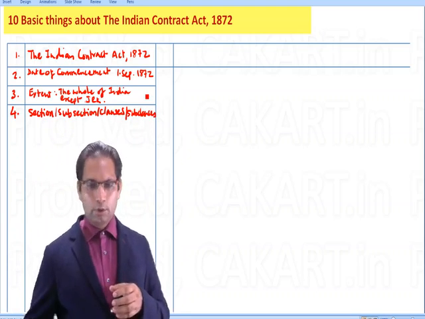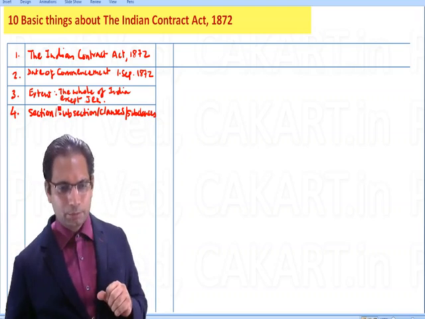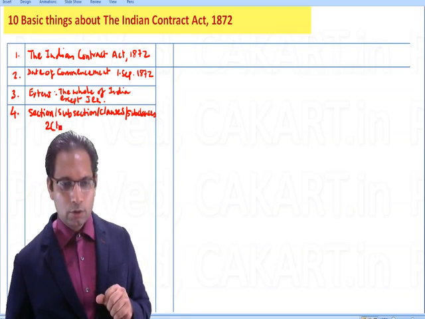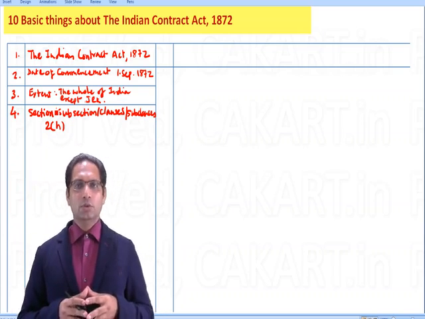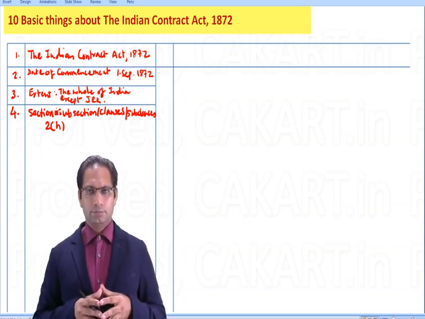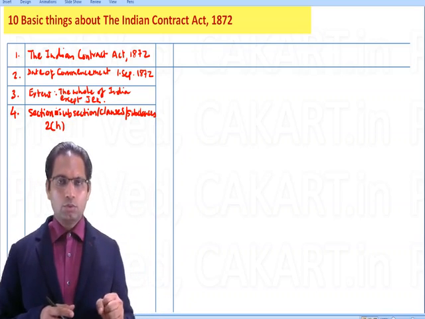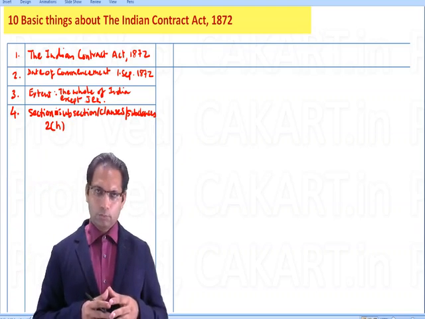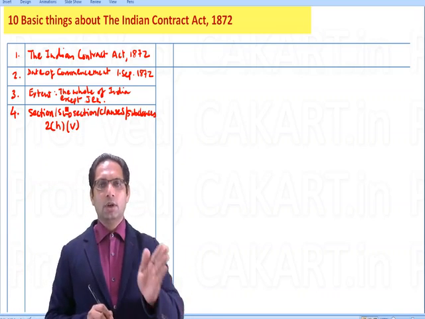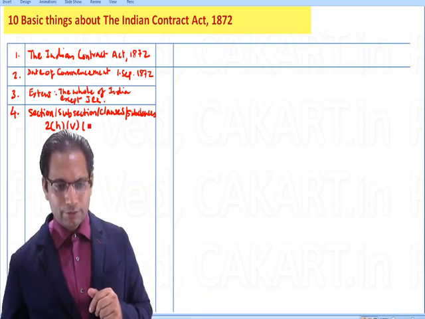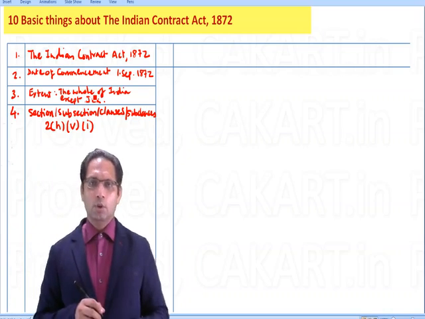From here onwards, promise me one thing: when you see something written as per section 2H, you will read it as it should be read: section 2 subsection H. If there is something after that, you can say section 2 subsection H clause 5. If there is something after that, you can say section 2 subsection H clause 5 subclause 1.